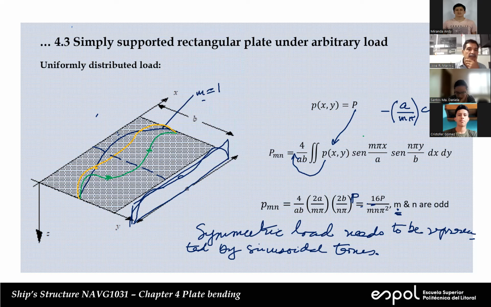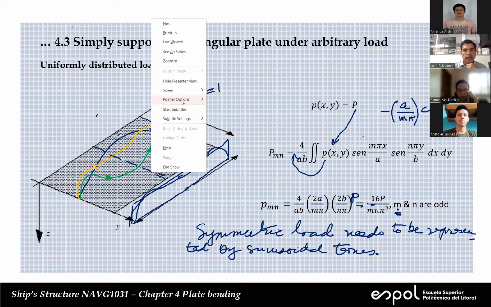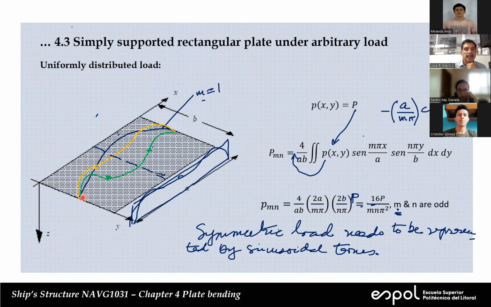In this case I don't want to draw more because I already have a complex plot, but you can also do the analysis using this line. And you see that in the uniformly distributed load, what happens on this side is the same as what happens on this side.